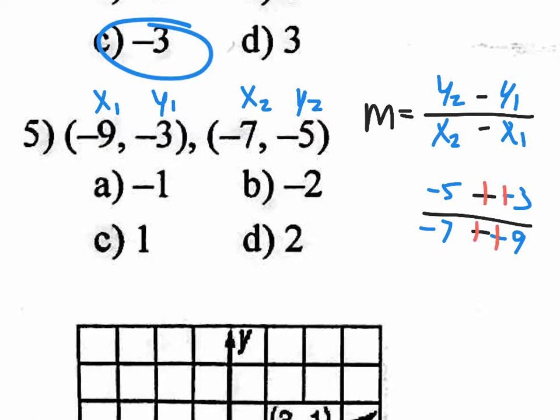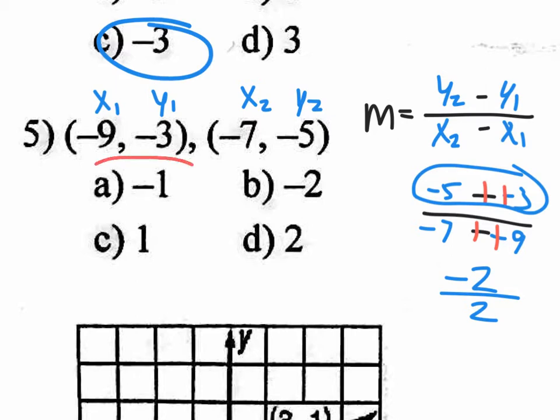So what we really have on top is negative 2, because negative 5 plus 3 is negative 2. And on the bottom we have positive 2, because negative 7 plus 9 is positive 2. So negative 2 divided by positive 2, the answer is going to be negative, and 2 divided by 2 is 1. So A is the correct answer for number 5 on both versions A and B.